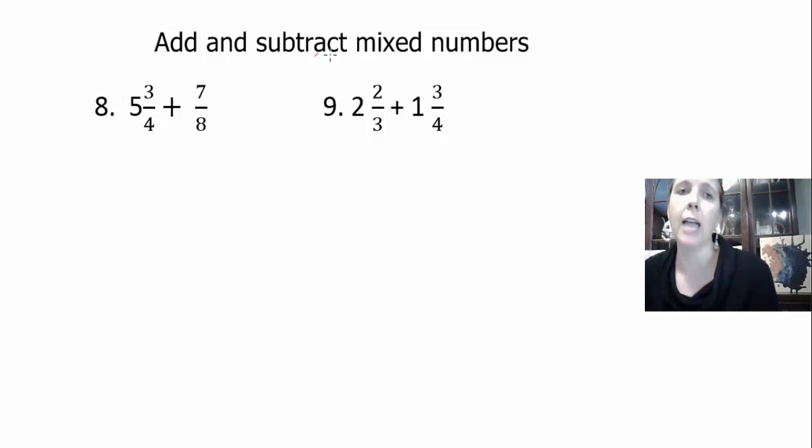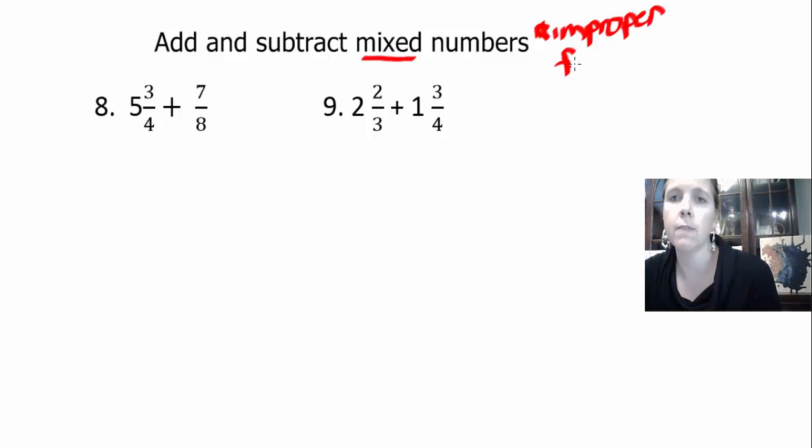Okay, one more page. Add and subtract mixed numbers. When we're adding and subtracting mixed numbers, it's a few more steps. Do not just add the 2 and the 3, don't just add the 5, you have to make it into an improper fraction. So remember how to do that.